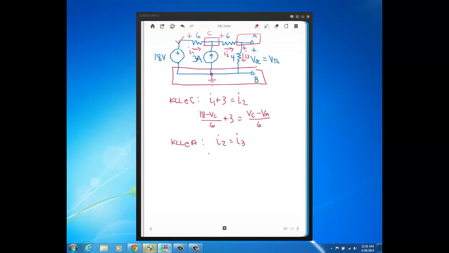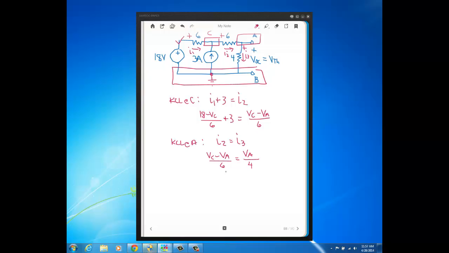Then here, I2 again, (VC minus VA) over 6. And then I3 is just going to be (VA minus 0) over 4, because remember, we made this bottom node ground. So there are your two equations, two unknowns, and we're only interested in VA because that's our answer for the open circuit voltage.